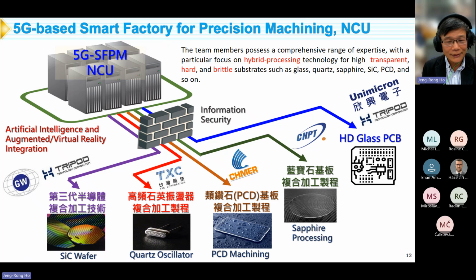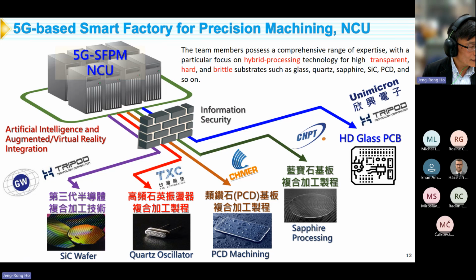Okay, finally, this slide just shows that currently we have established this so-called 5G-based smart factory for precision machining in NCU, and we developed a hybrid processing technique for machining silicon wafer, quartz, PCD, and also sapphire and glass.